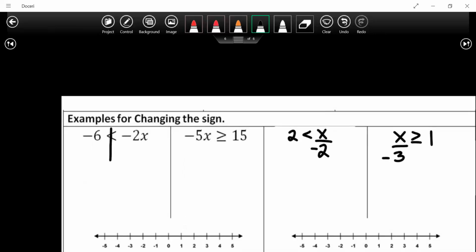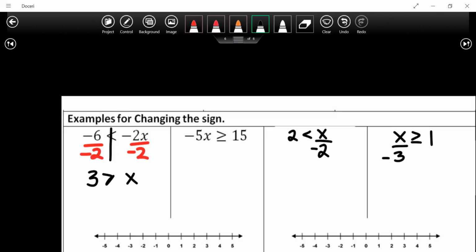Divide out by what? So we're dividing by a negative. Negative 6 divided by a negative 2 is 3. My 2's are going to cancel out. Did I divide by a negative? So we've got to switch our sign. Do I like the way that is written?